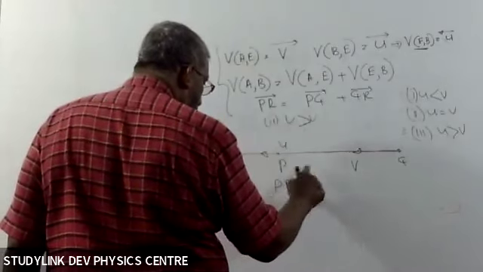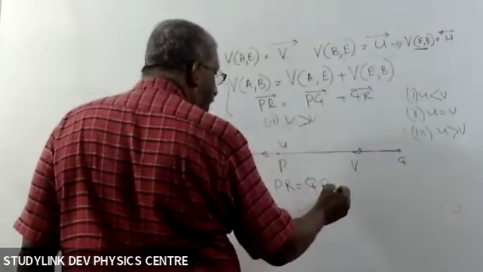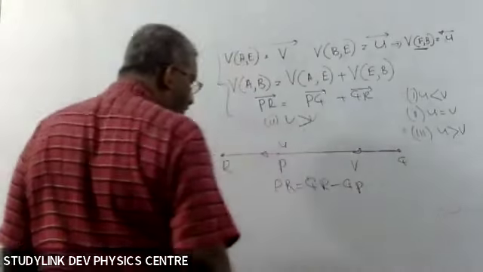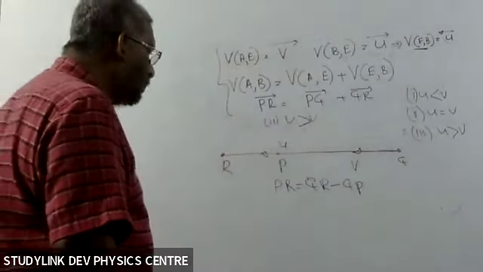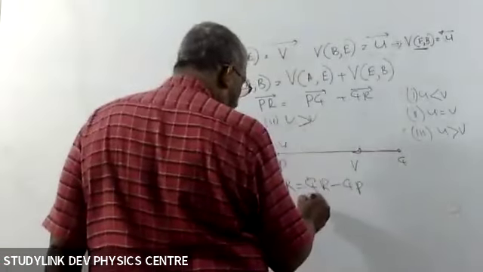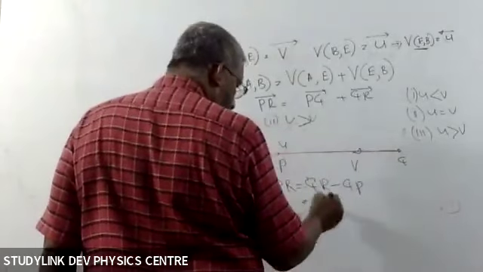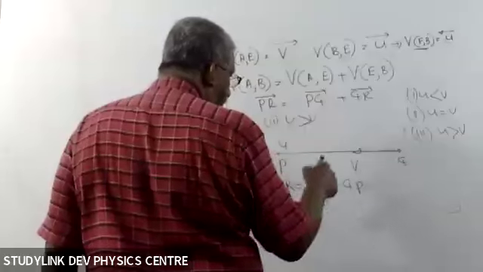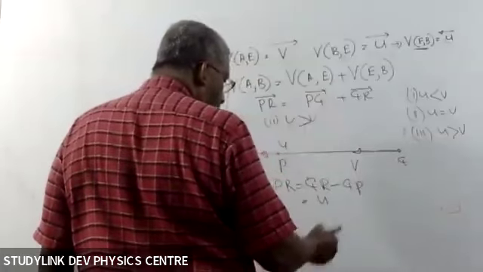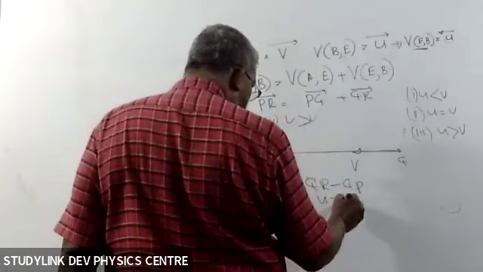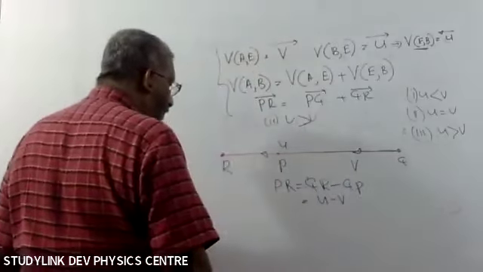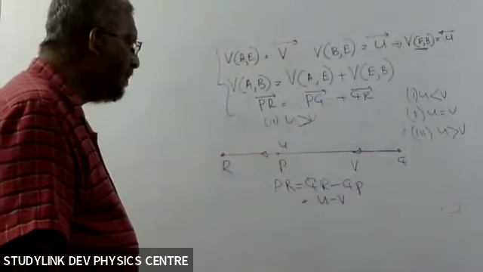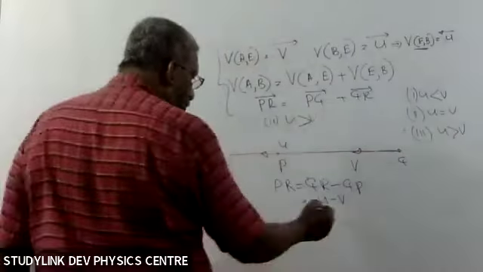The PR value is equal to QR minus PQ or QP. So QR is U, and QP is minus V. Then the PR value is U minus V.